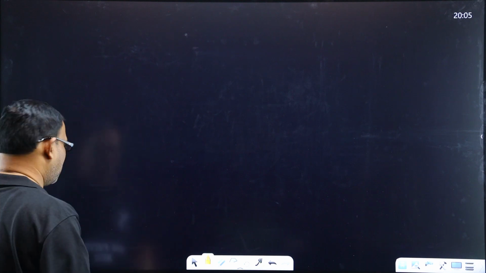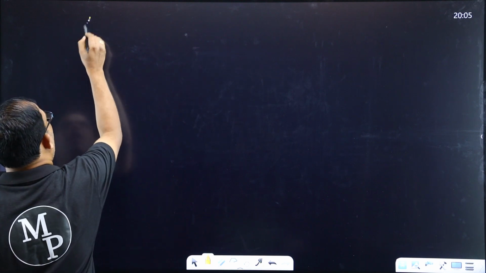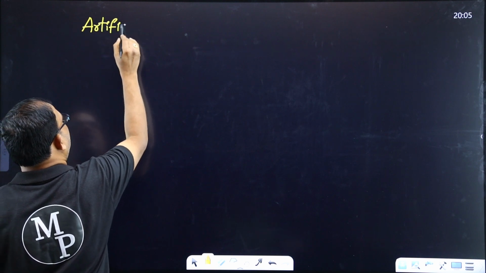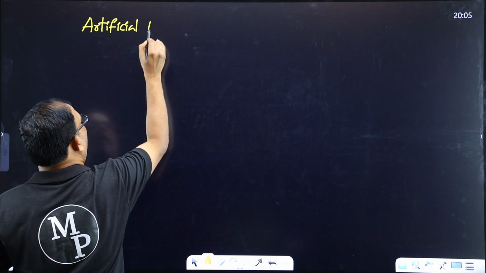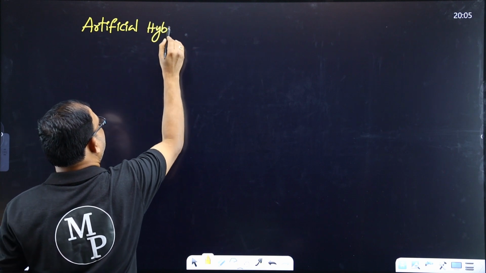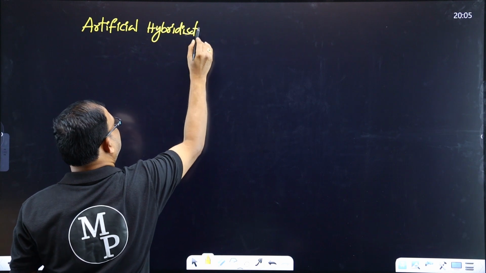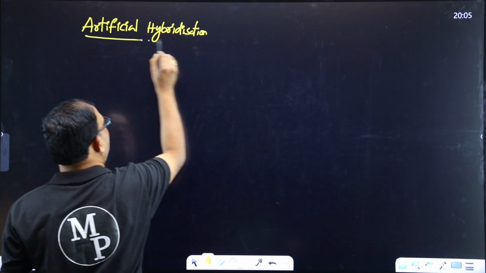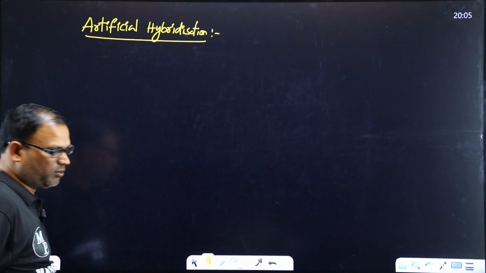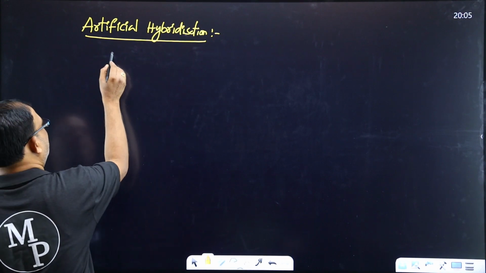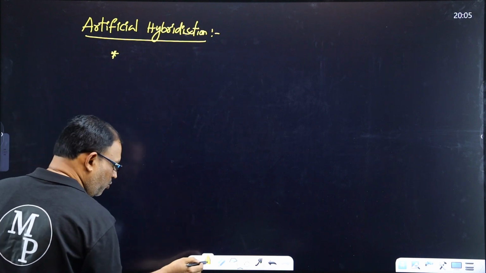Next, one more small concept: artificial hybridization. See now, artificial hybridization is a very, very important crop improvement program.